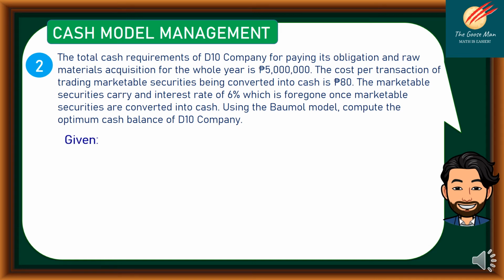So what we're going to do is identify the given. T is equal to 5,000,000 pesos, that is the total amount of new cash needed for the period. F is equal to the fixed cost of converting marketable securities into cash, 80 pesos. Then K is the opportunity cost, 6%, and we want to find the C*, or the optimal cash balance.